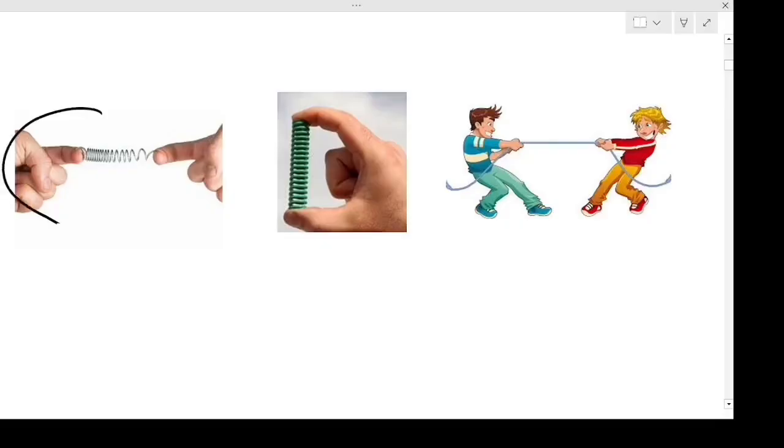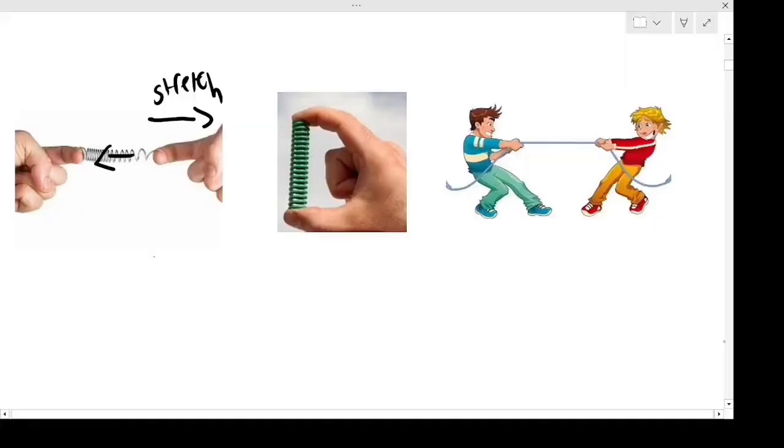Let's look at the example on the left. The finger on the right is stretching the spring to the right. The spring doesn't like that, so there's a force inside the spring that acts the other way, to the left. This is a tension force, so it acts the opposite way to the stretching.